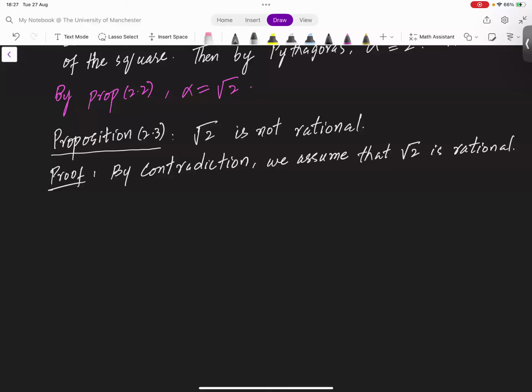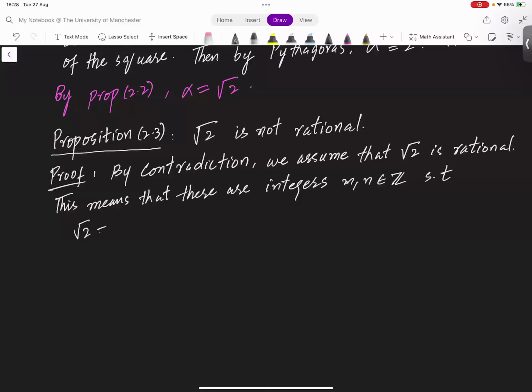This means that there are integers m, n in the integers such that square root of 2 is m over n.